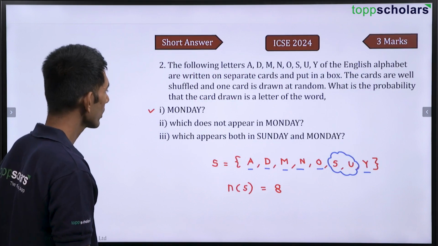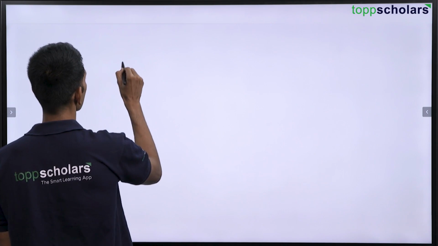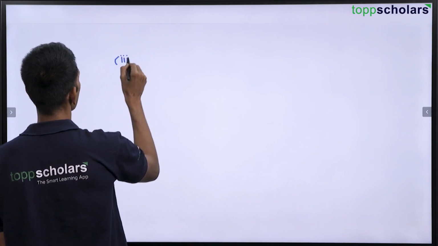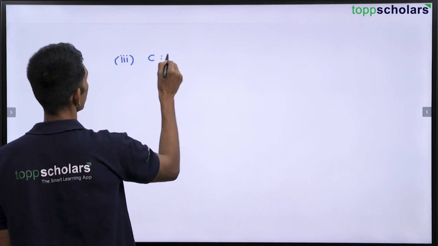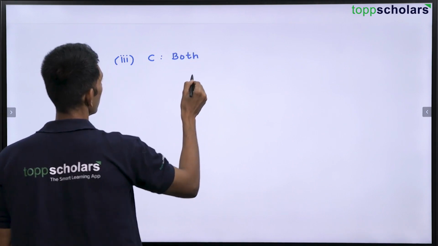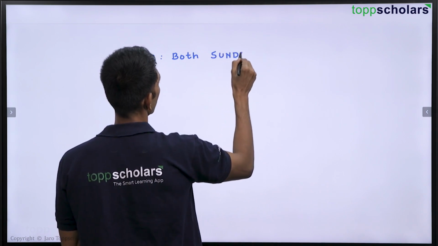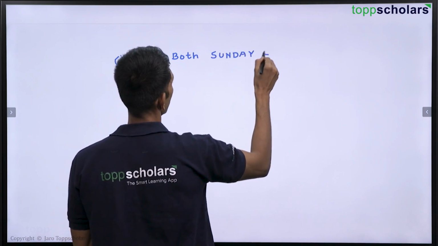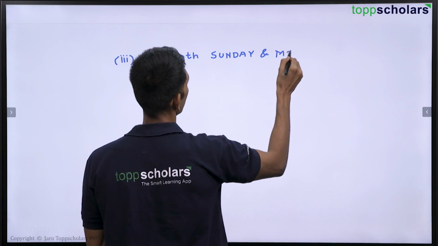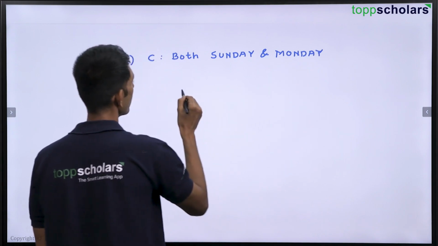And let's talk about which appears in both Sunday and Monday. So the third one, right? We have an event C. So it is in both Sunday and Monday, right?